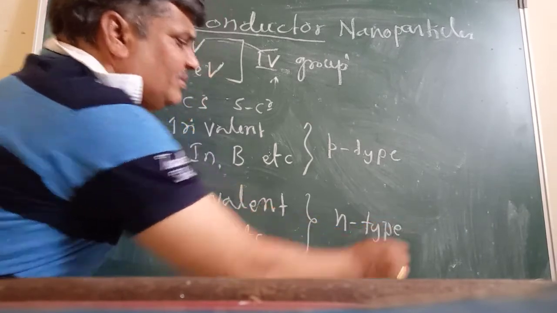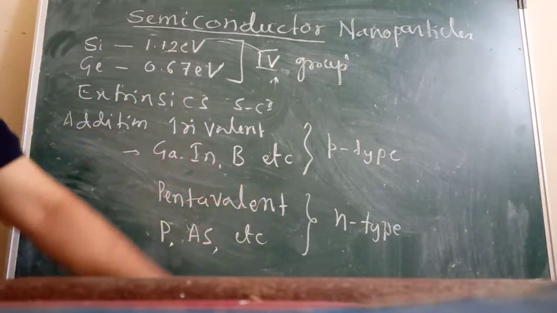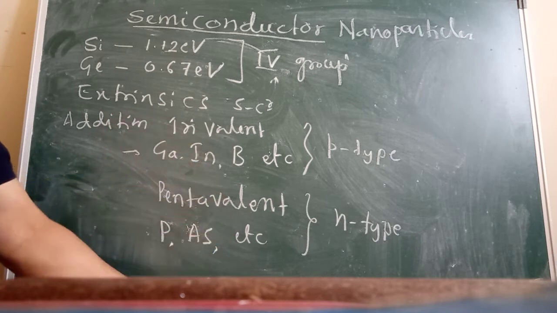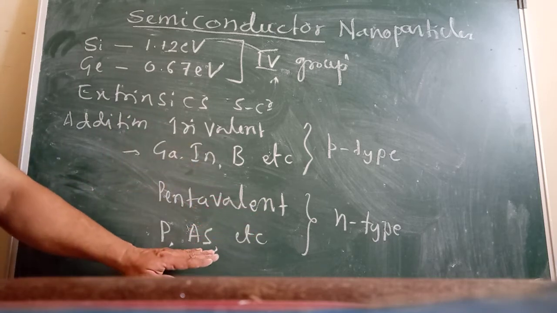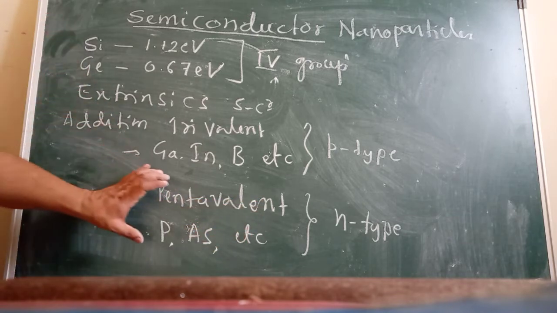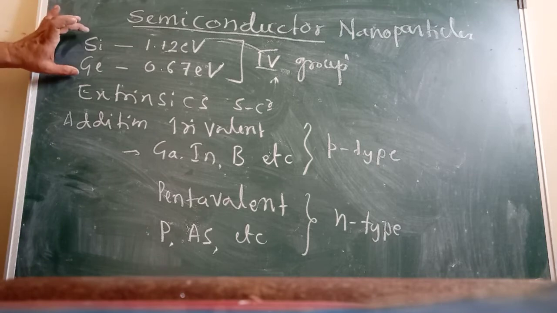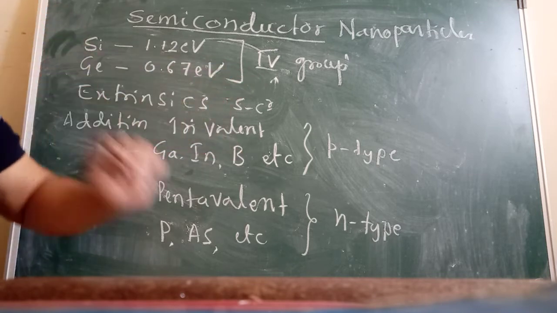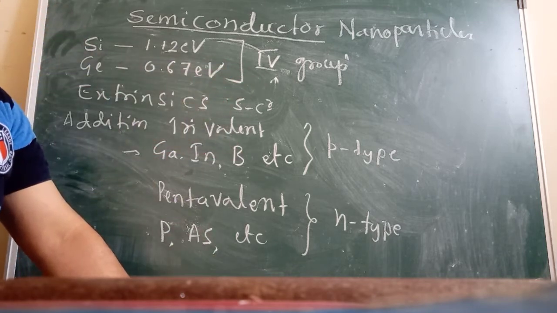In an n-type semiconductor, electrons are the majority carriers, so we get an effective current. When pentavalent materials are added to silicon and germanium, we get the n-type semiconductor.